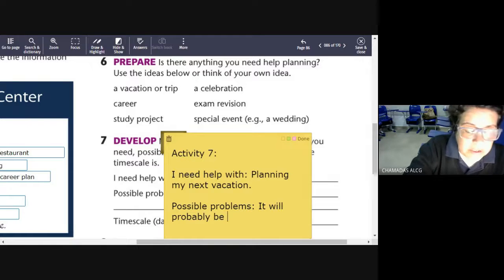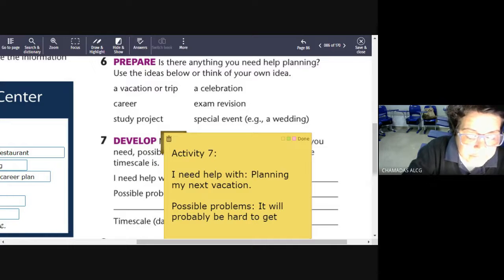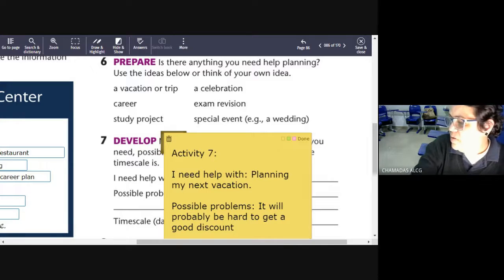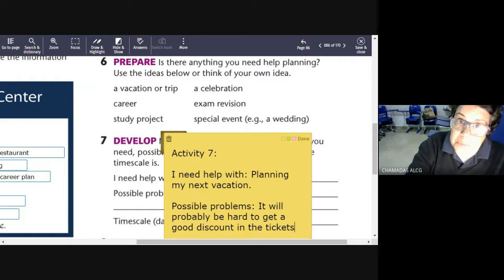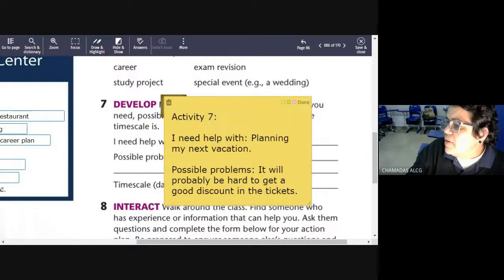It will probably be hard to get a good discount in the tickets because usually the tickets are very expensive in December. Okay, so this is what I think will happen.